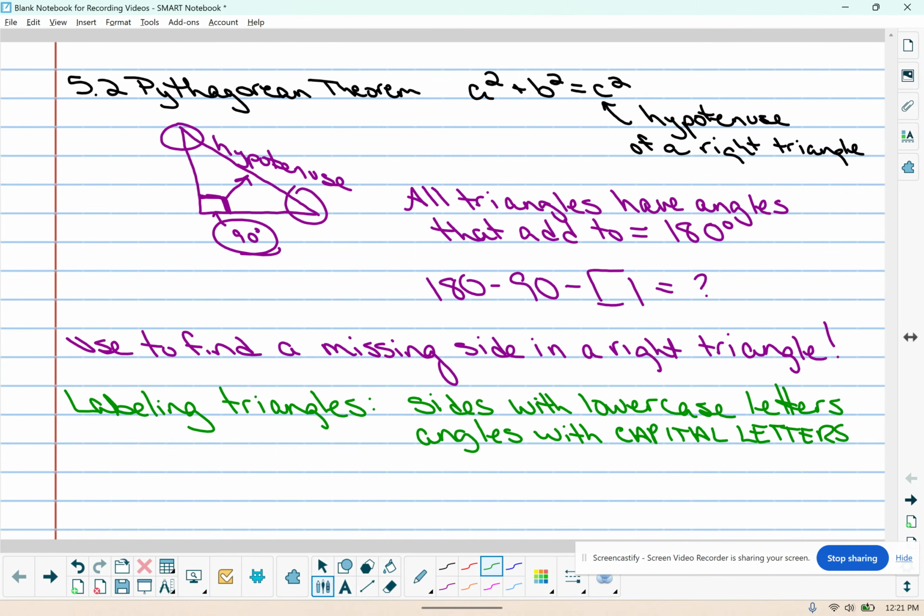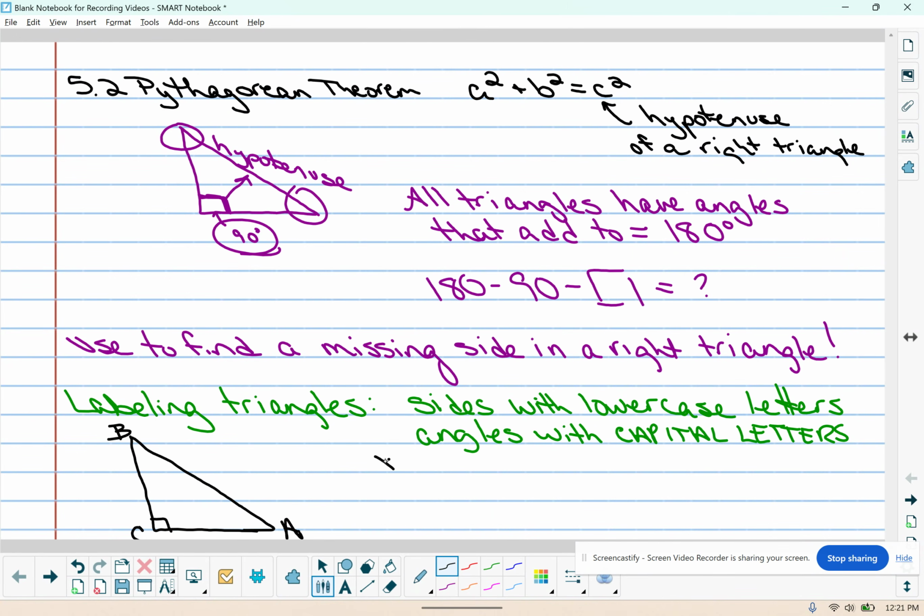Always. Okay, so if we have a triangle, let's throw one in here. C is usually your right angle. Okay. And then maybe angle A is here and angle B is here. Okay, those would be your angles.